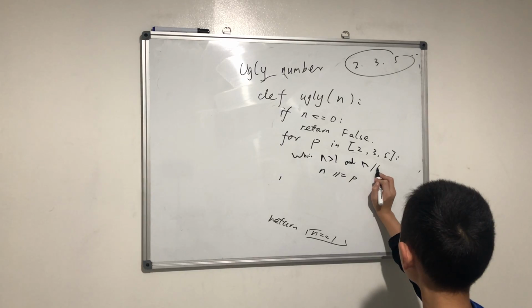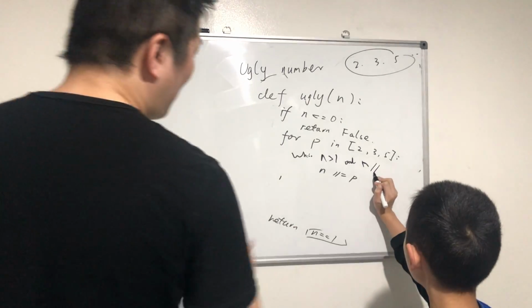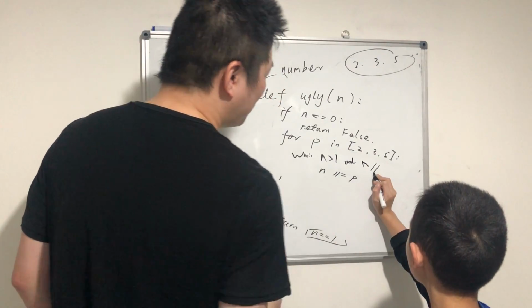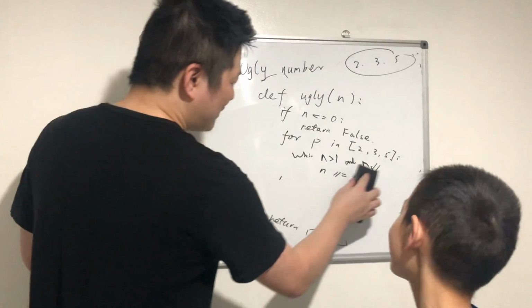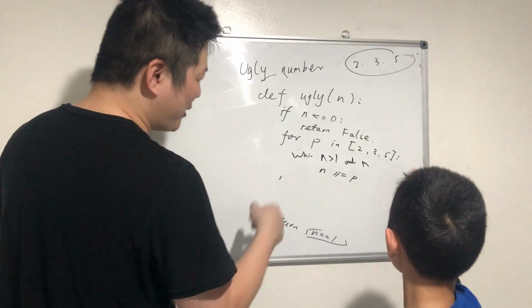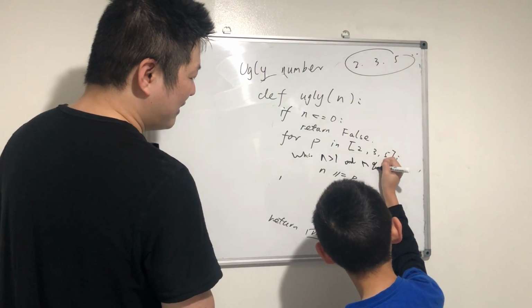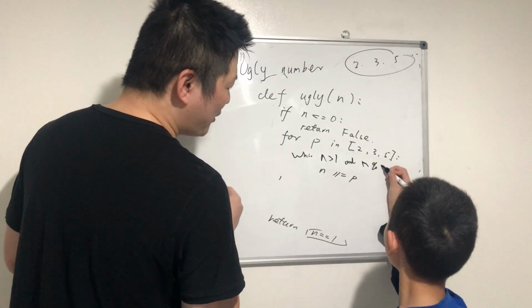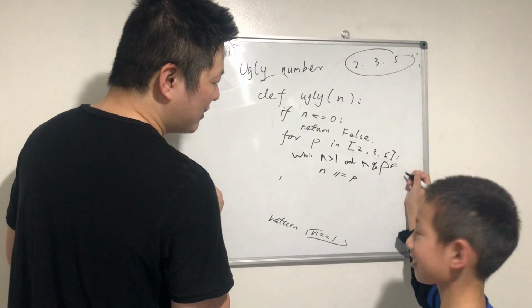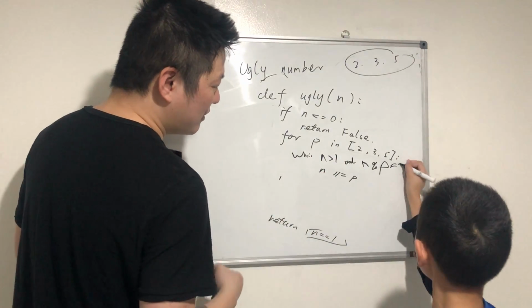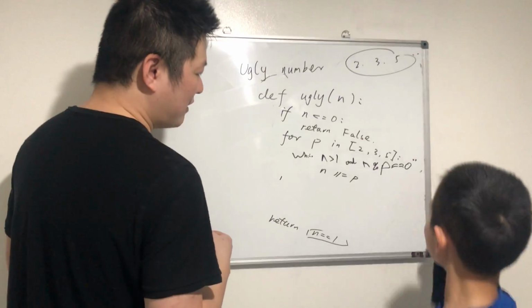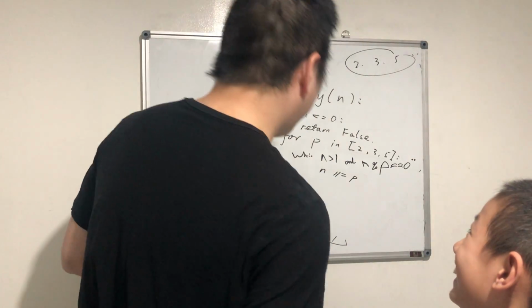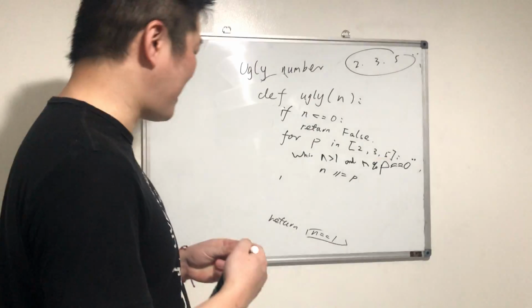How do you check the remainders? No, this is to divide it, but we want to check if it can be divided. Modulus, yes. Well done. And the modulus p equals 0, yes. Well done. That's it.